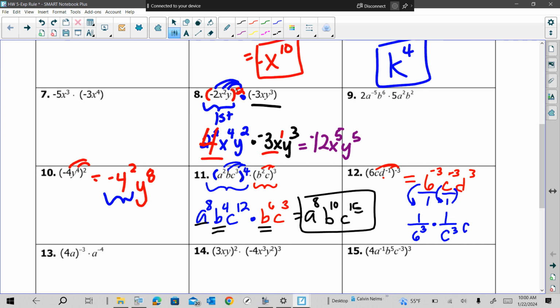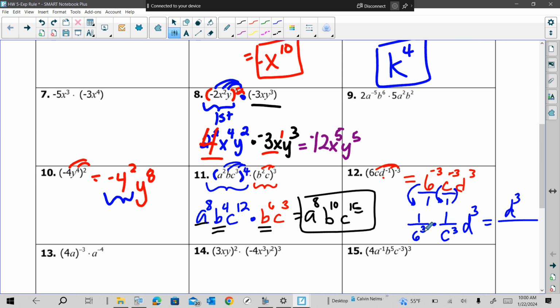My d to the 3rd power stays as is because it's positive. What's on the bottom goes to the bottom, stays at the bottom. Whatever is positive goes to the top. So the d to the 3rd power is on the top of the fraction.